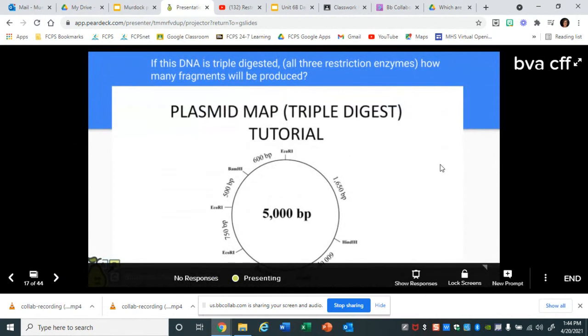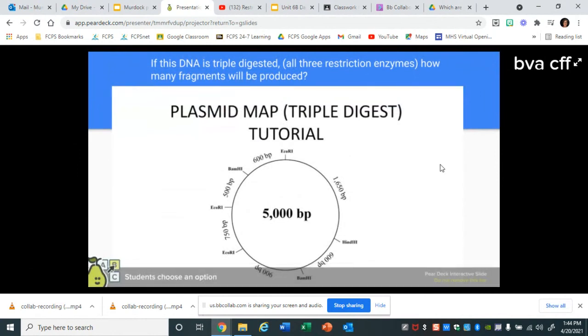See if you can handle this one. Now, what if all the enzymes are making cuts? Every single enzyme makes a cut. Now, how many fragments will be produced?